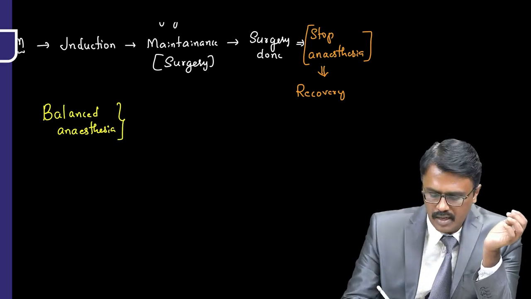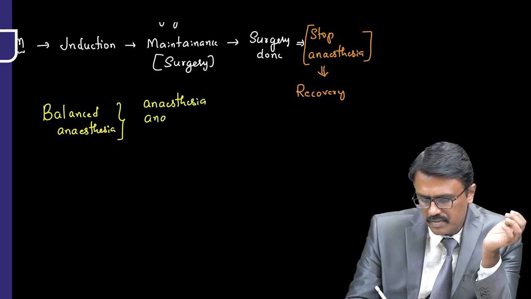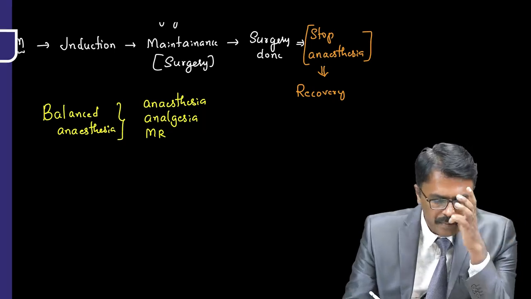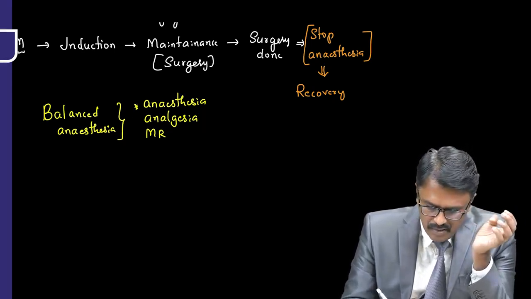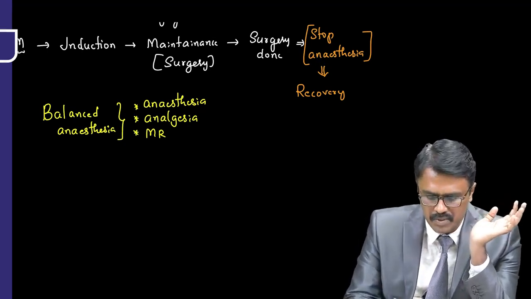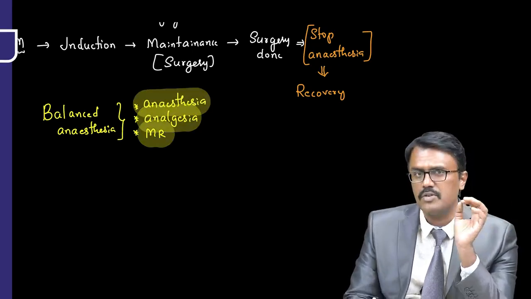The patient should have a very good anesthetic effect, a very good analgesic effect during surgery, and muscle relaxation. These are the three important aspects. So the patient should have unconsciousness, sedation, pain relief, and muscle relaxation.